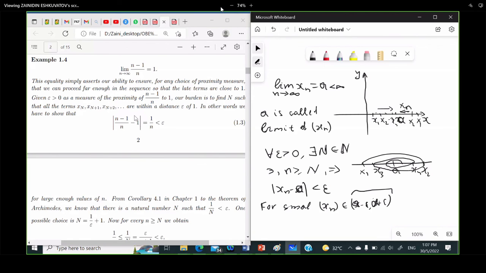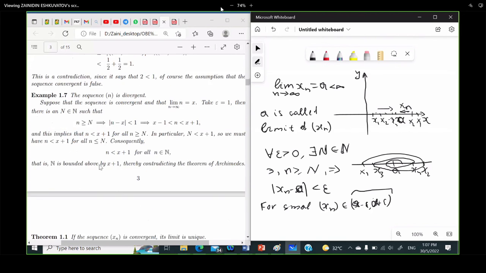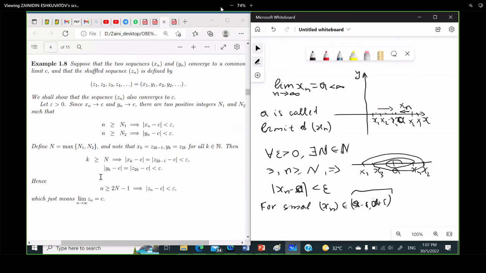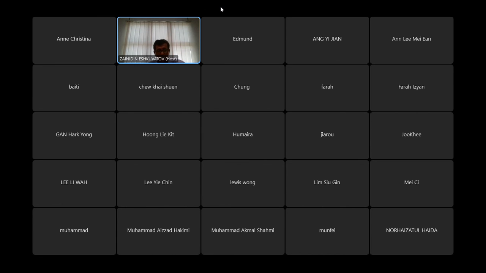But the epsilon definition is a bit difficult. Anyway, I'm going to finish with this one. Next week we will properly discuss and solve many problems. Then you will enjoy. I hope we can reach the properties of convergent sequences. That's all. Any questions, any problems?